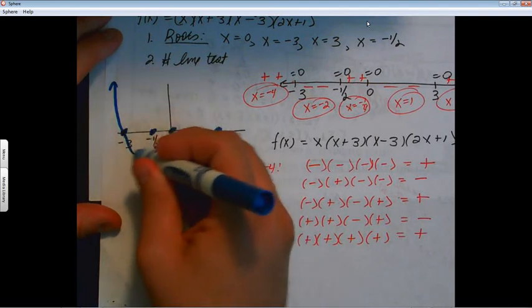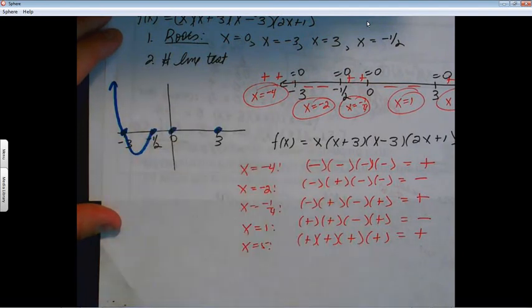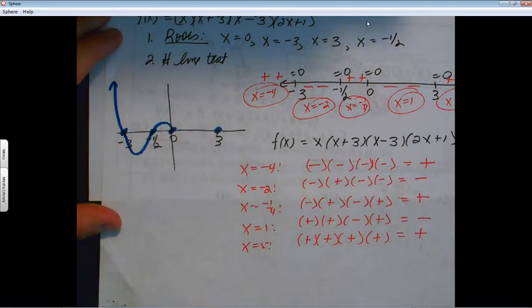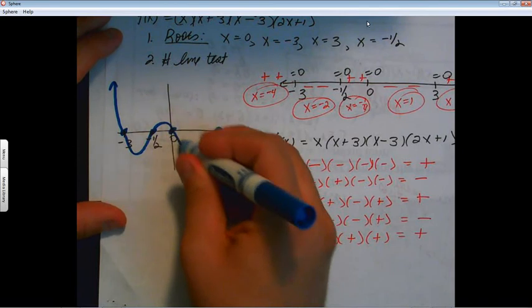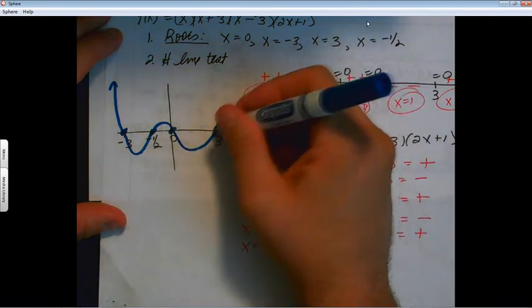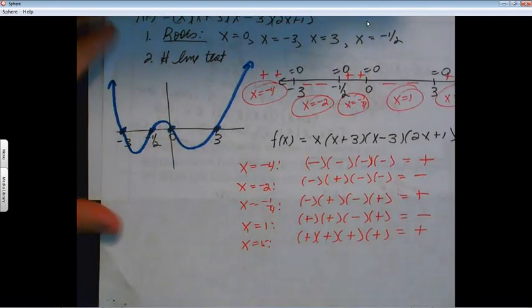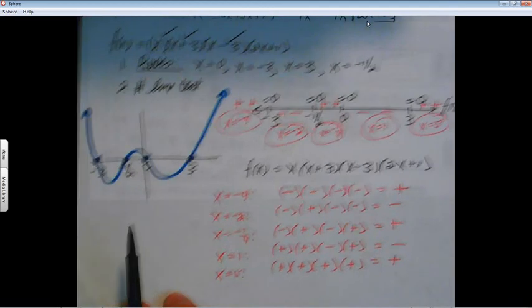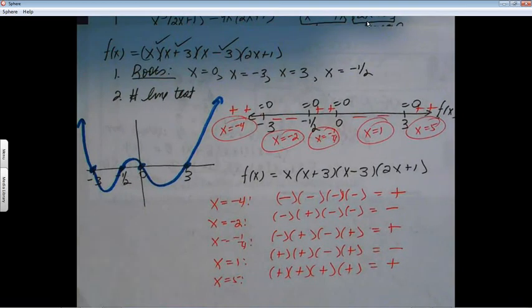A quick sketch, here it comes, and then we'll be done. We have -3, -1/2, 0, +3. Each of these points represents a root, so my function has to pass through those points.